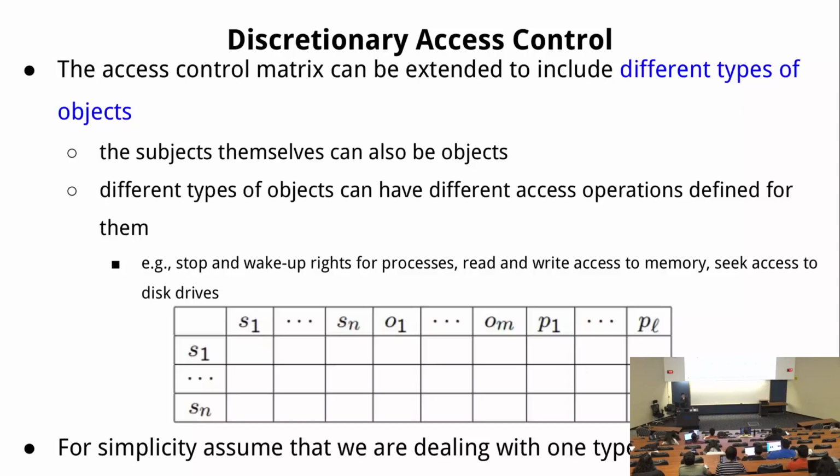If a process is an object, then the permission on that object is not only read, write, or execute, that doesn't make sense anymore. The permission could be read the memory of that process, kill that process, send a message to the process, send a different message to the process, right?